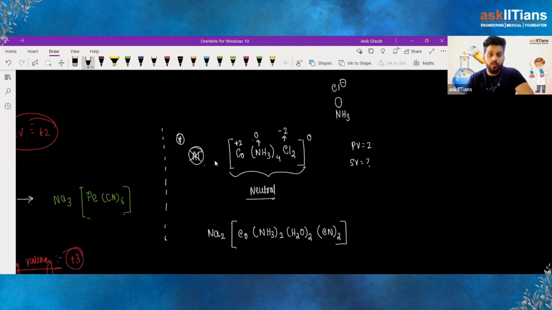By the way, I forgot to ask you what is the secondary valency of this. Guys, tell me what is the secondary valency of the central metal atom here? That would be how many things are connected with it. How many ligands are connected over here? 4 and 2, 6. The total secondary valency is 6.